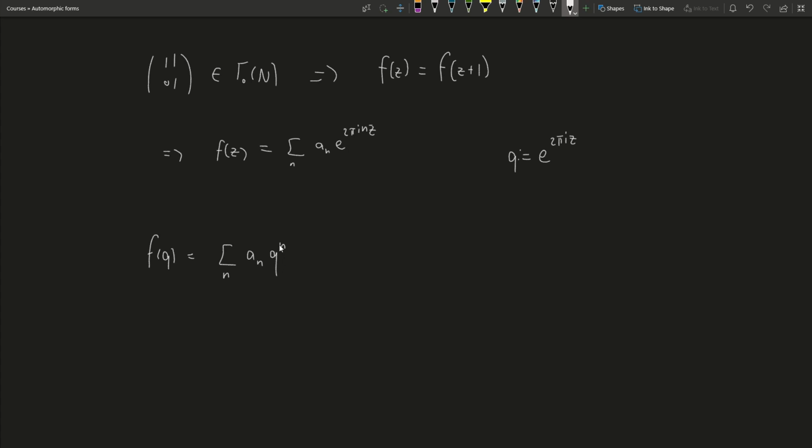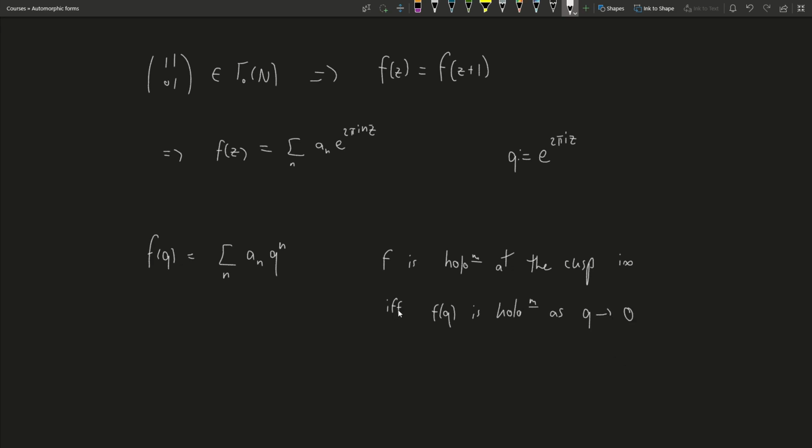And this is just some complex number now. We're going to say that f is holomorphic at the cusp infinity, or i infinity if you prefer, if and only if this function f of q is holomorphic as q goes to 0.